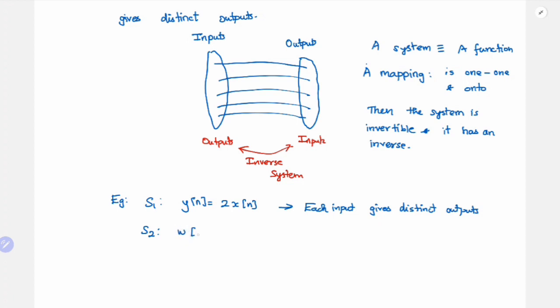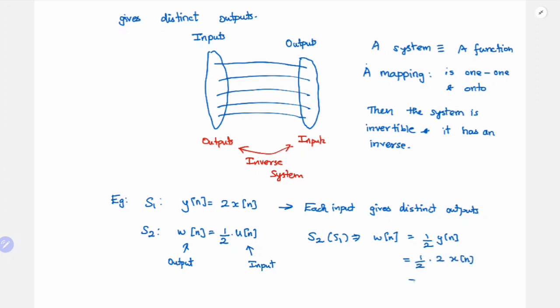So let me take w of n is equal to half into the input, let me call it y of n. So this is the output of the first, and this is the input for the second system. So here again, if you see S2 of S1, w of n is equal to half of y of n, which is half into 2 of x of n, which is equal to x of n.